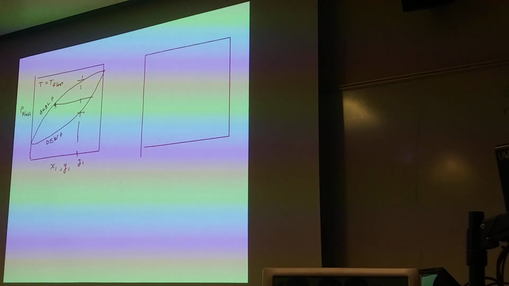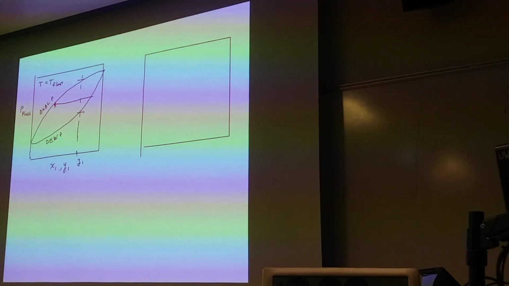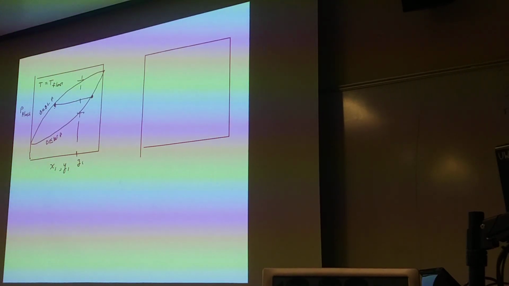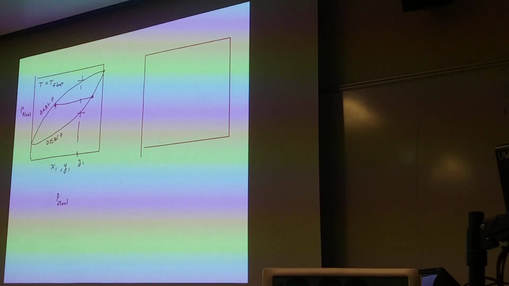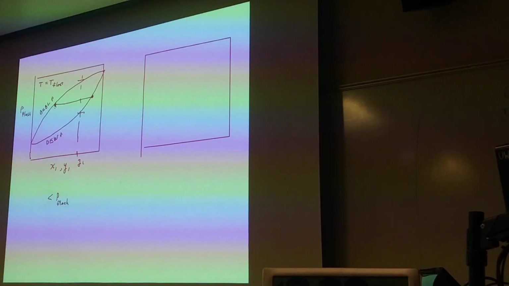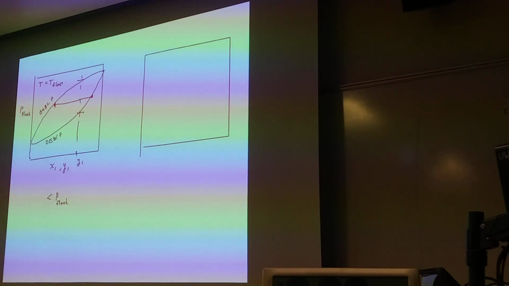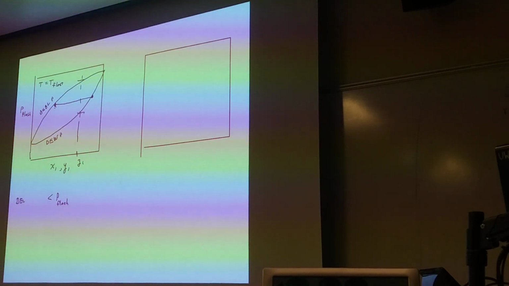If I have a pressure between there, then here's the tie line, and I get a split. Here's my liquid, and here's my vapor phase compositions. So the pressure of the flash must be between the dew point pressure at Y1 and the bubble point pressure.